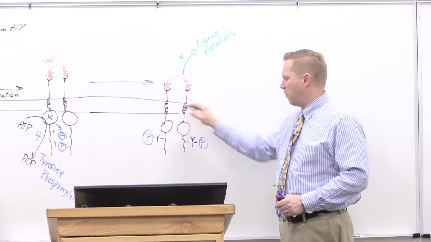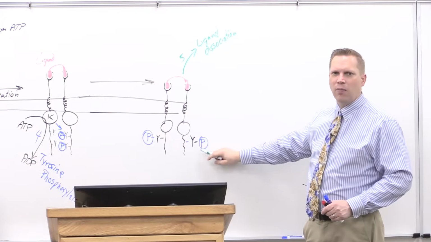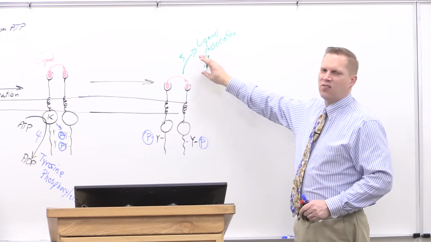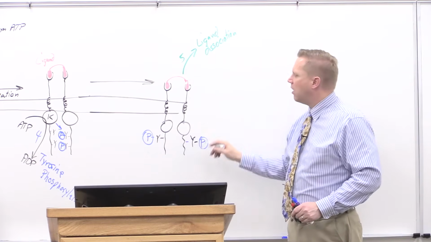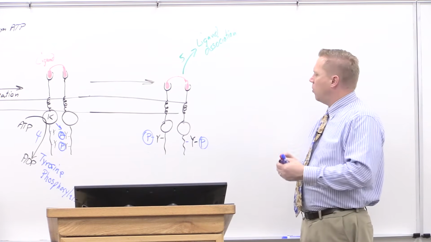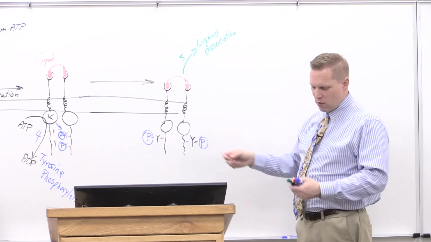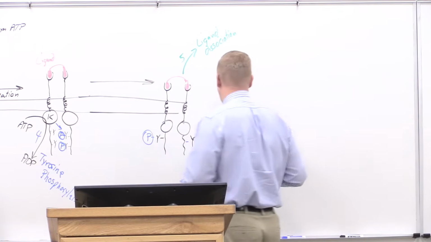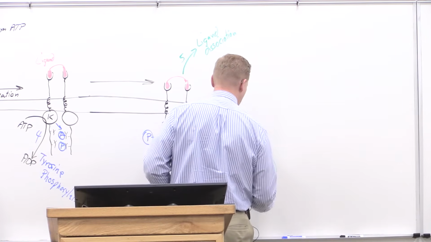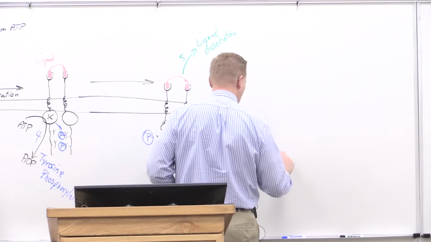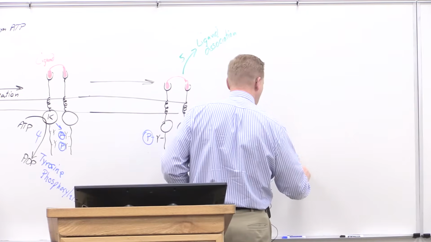These now will split apart, but each one has still been activated. So while that's a start of deactivation, it will keep us from reactivating. We're not done yet. To deactivate this, we have to remove that phosphate. And so in step 6, we are going to have another enzyme called phosphatase.